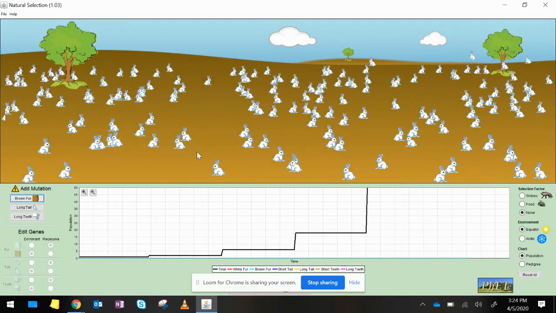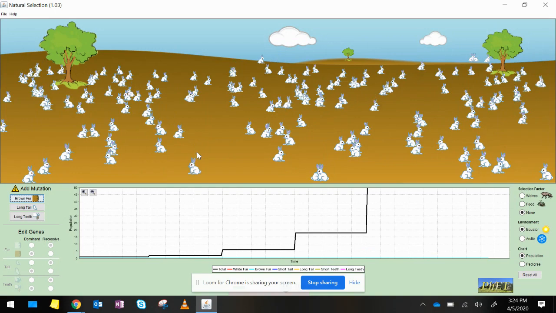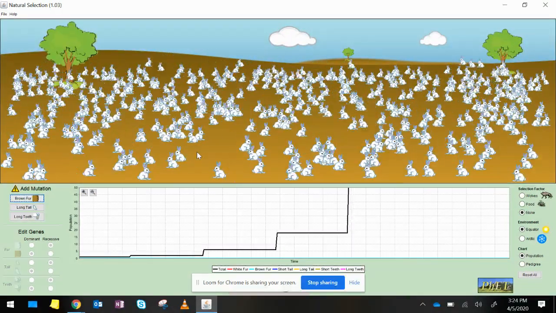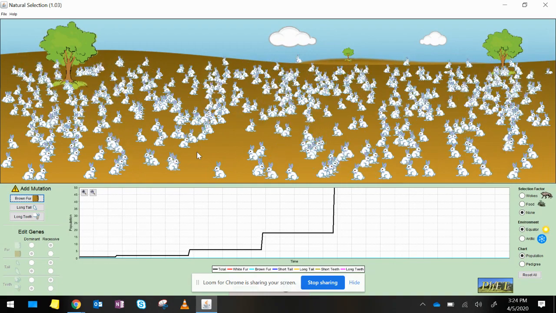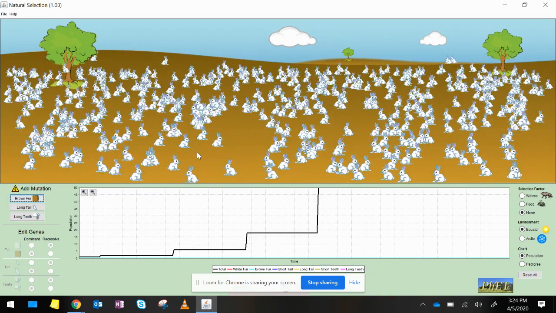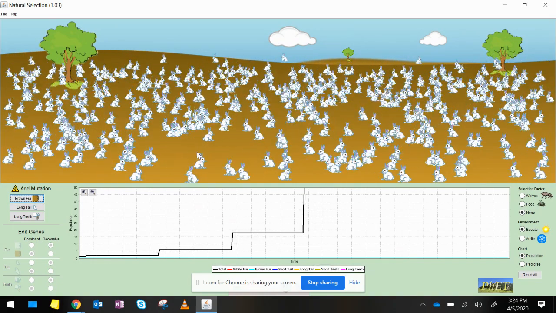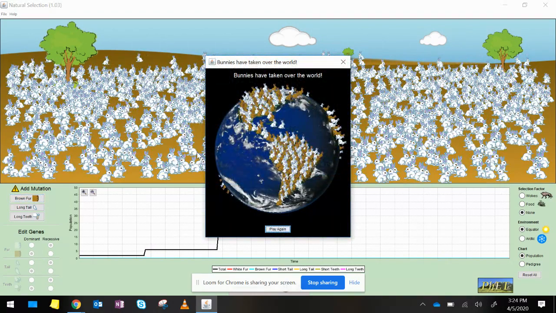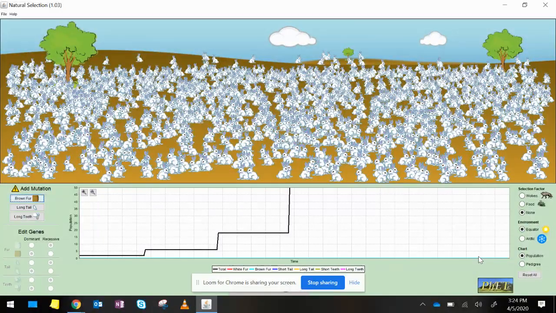Eventually, if there's no factor limiting these guys, and there's nothing that's going to eat them, no environmental condition that's going to select for them, we're just going to be overpopulated, and that's where you get the bunnies have taken over the world. So this is the overproduction part.